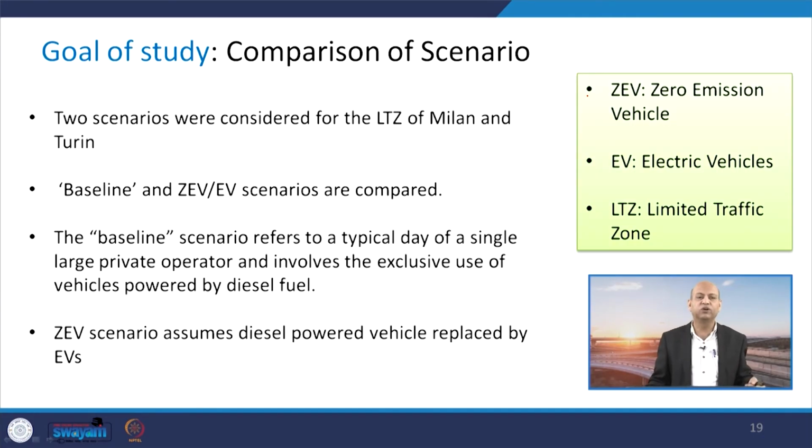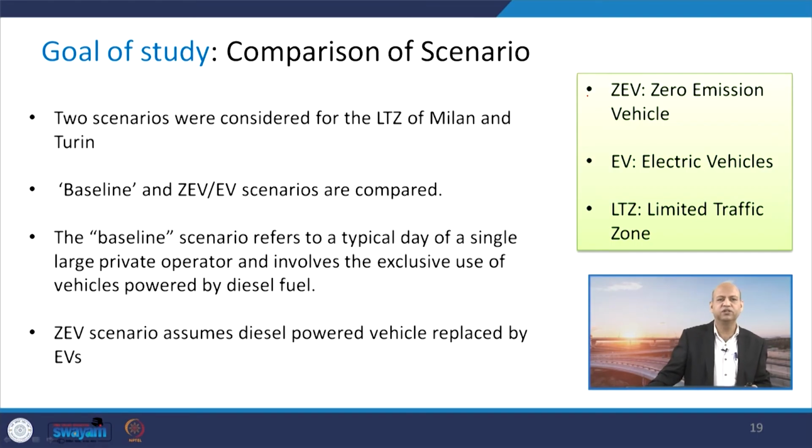Then we have to define the goal of the study. So, two scenarios, as I said, of the LTZ in Milan and Turin. Baseline data, which is as per the ongoing scenario, or what we generally say the status quo, or business as usual, BAU, related scenario. Second scenario is zero emission vehicle, or basically electric vehicle. From the tailpipe it is zero emission, that is why they are sometimes known as zero emission vehicles also.